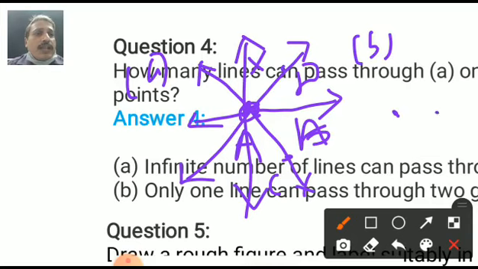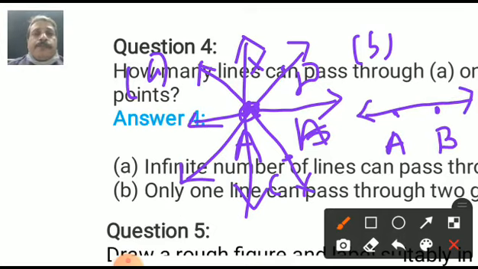These 2 points are there, A and B. Yes or no? Yes. Using this A and B, you can pass only one line. So you can say easily this is the A answer and this is the B answer. Try to understand once again.